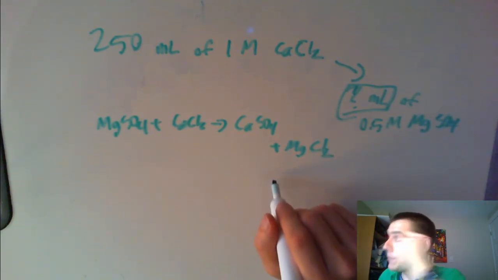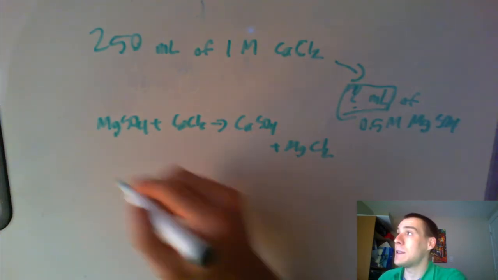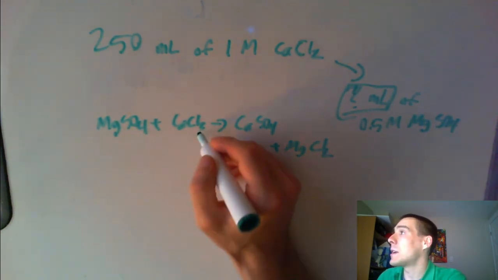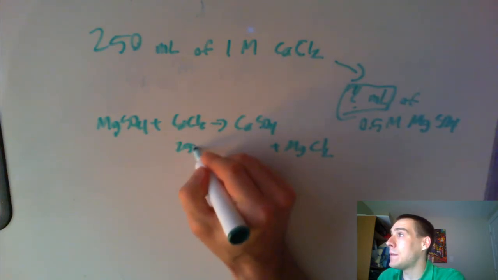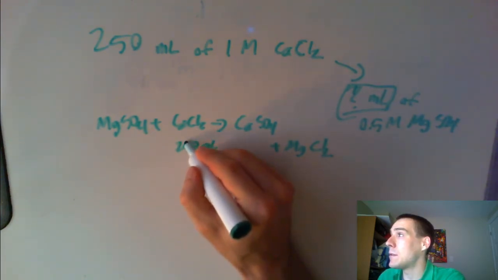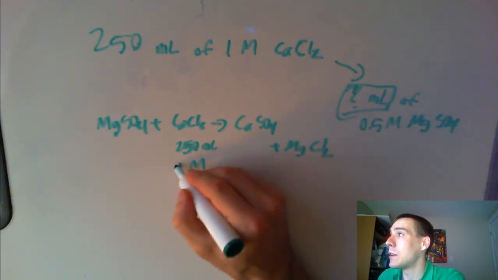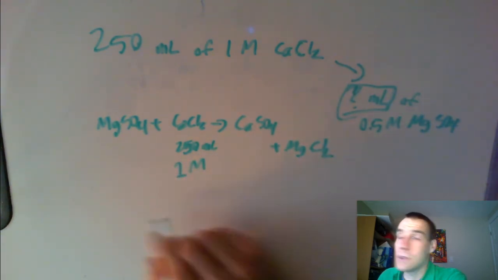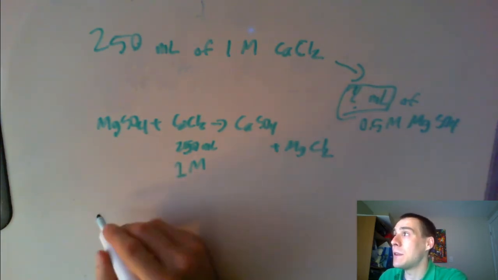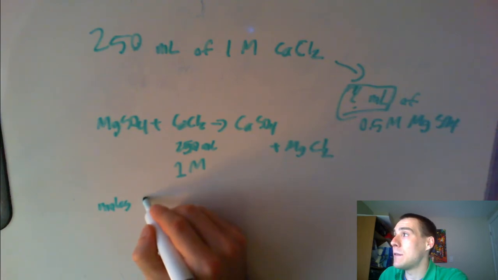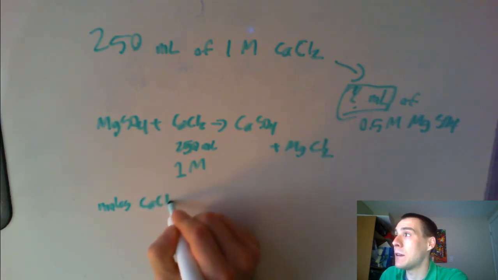And if we use the other way of thinking about this, this is our known, our calcium chloride. We have 250 milliliters of it, and it's 1 mole per liter. So start with getting our moles of known. Moles of the calcium chloride.